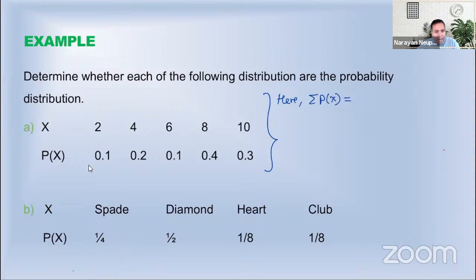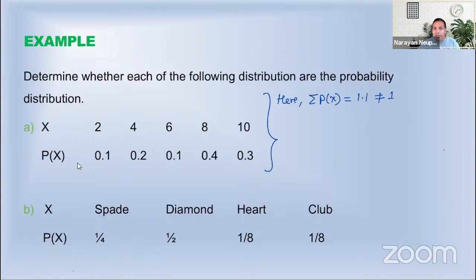If you try to add 0.1 plus 0.2 plus 0.1 plus 0.4 plus 0.3, it is 1.1. It's not 1. So the first condition is not true, because for a distribution to be a probability distribution, it has to satisfy both conditions.